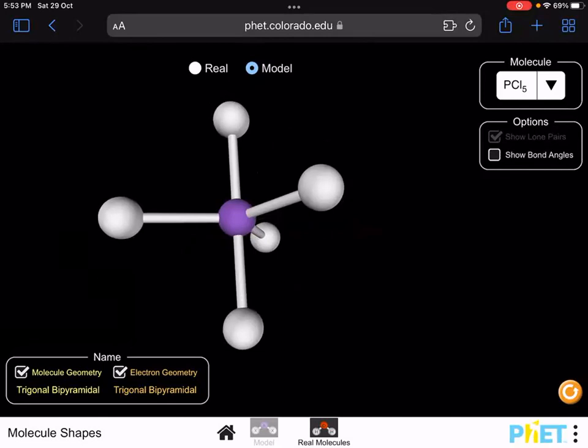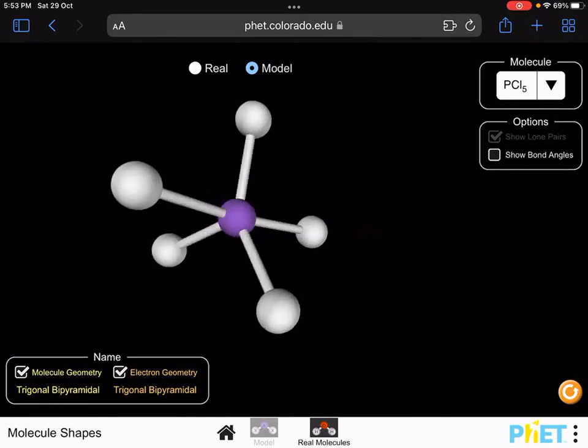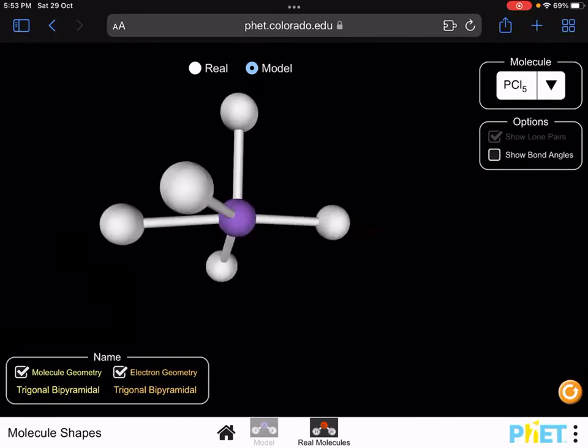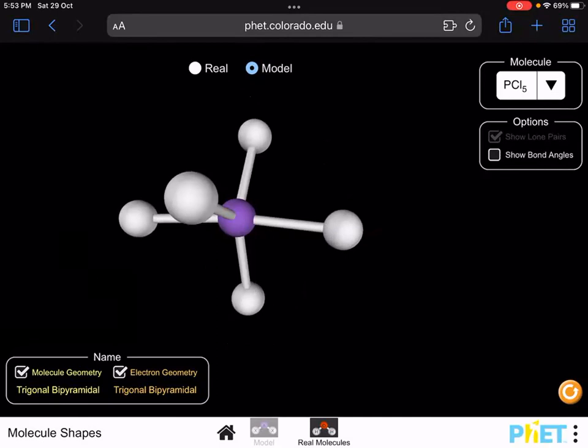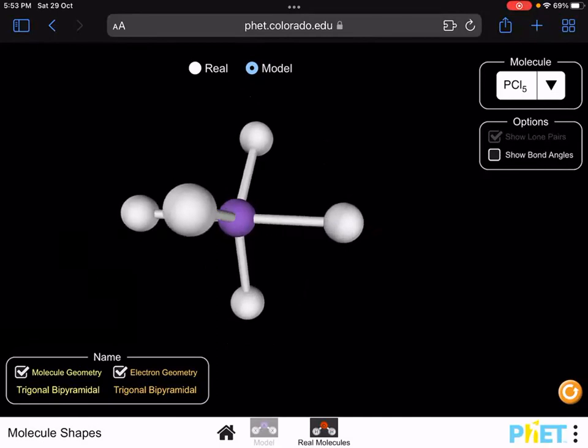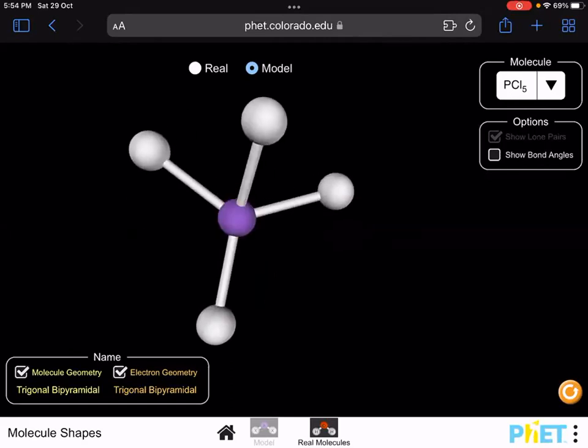For trigonal bipyramidal, the axial portion will be like this, and the equatorial portion, these three, will be 1, 2, 3. That is the point.